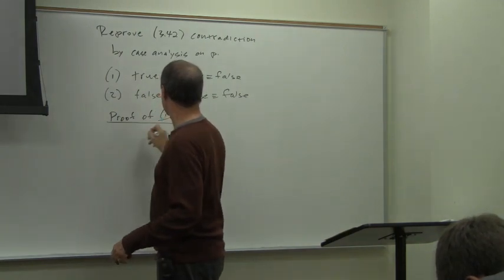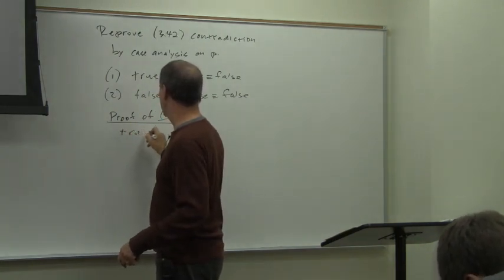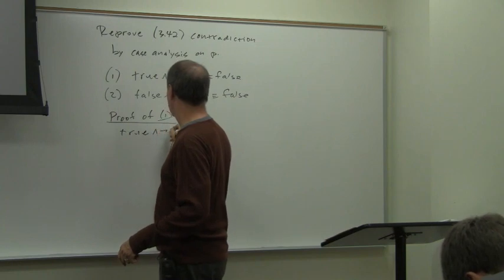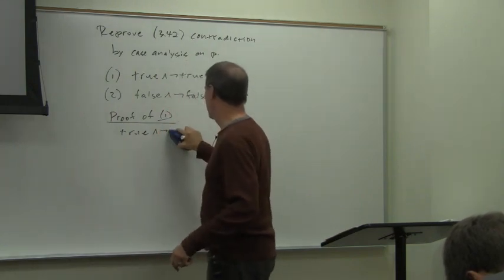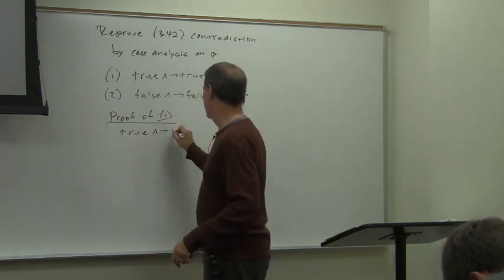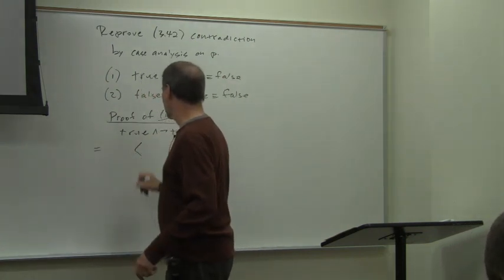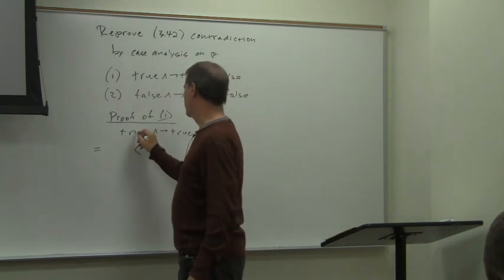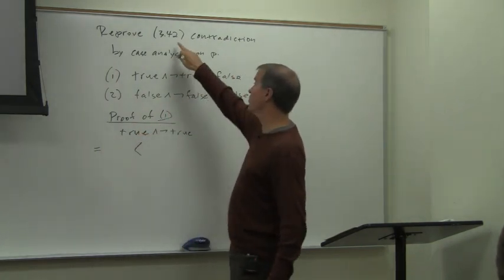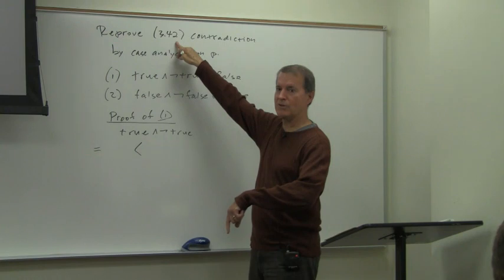And then proof of 1. Let's start with the left-hand side. What is true and not true? How can we prove this? Well, it's equals by something with something replaced by something. By the way, even though we're doing this, we can't use anything after 3.42.